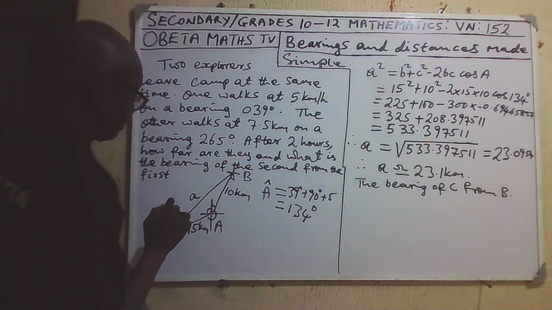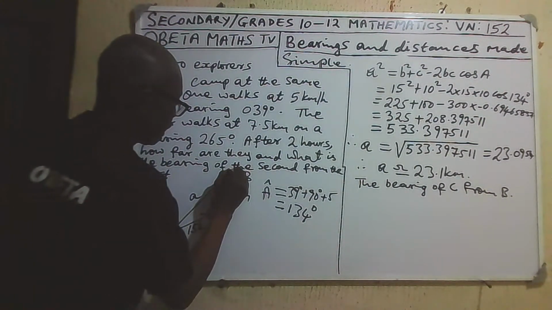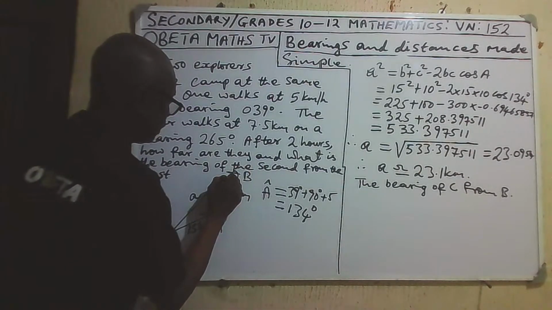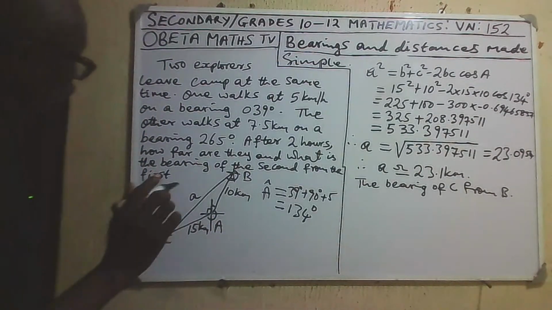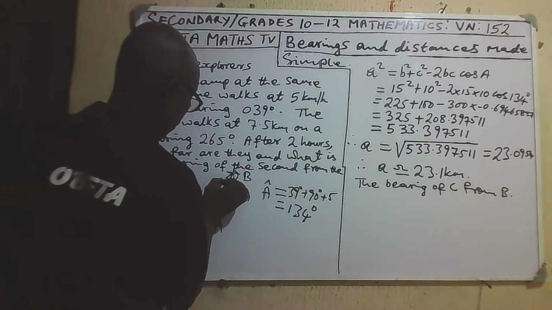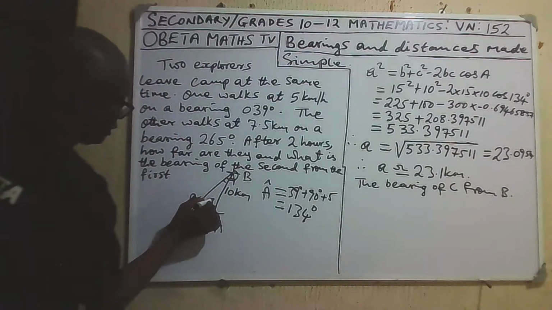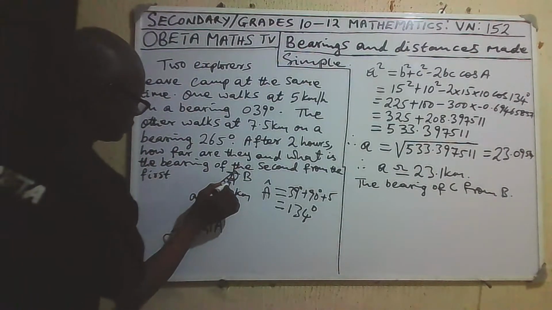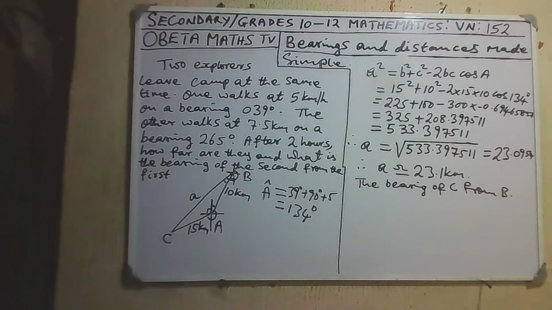You are checking from B, so you go round like this until you get to the line joining BC. For us to do that, we need to know angle B plus 39 degrees, because this is 39, alternate to this. So this is also 39. But the first thing we have to do is to calculate angle B.